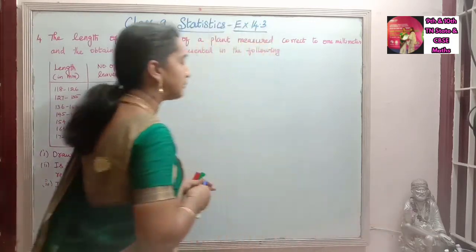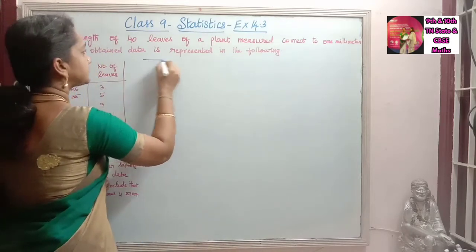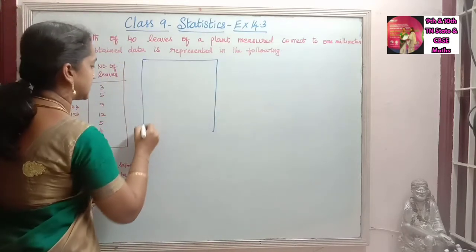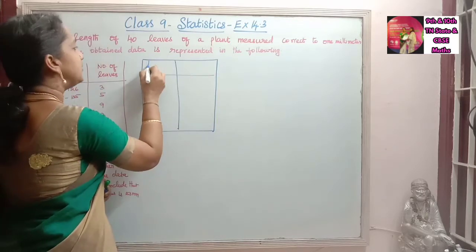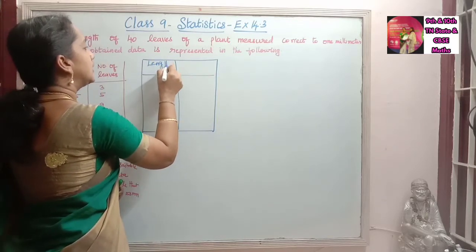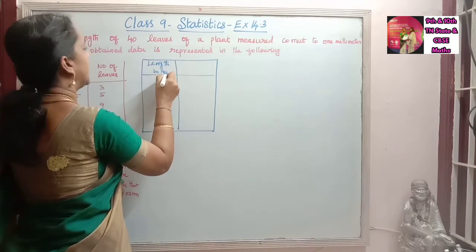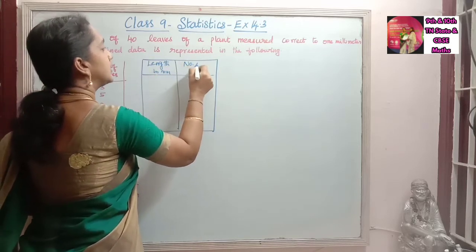So we will draw a tabular column for this data and make it continuous. Length in millimeter, and then number of leaves.